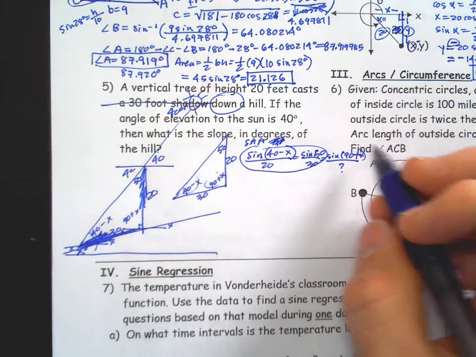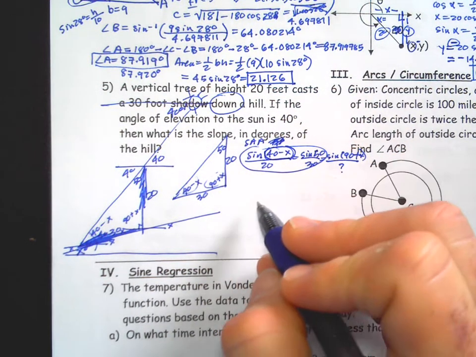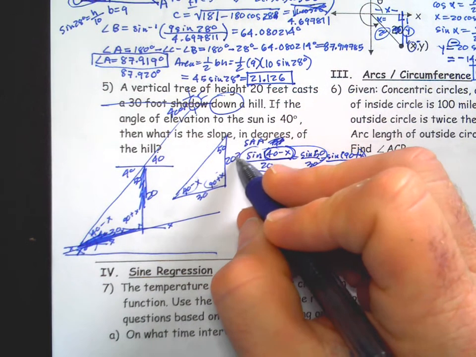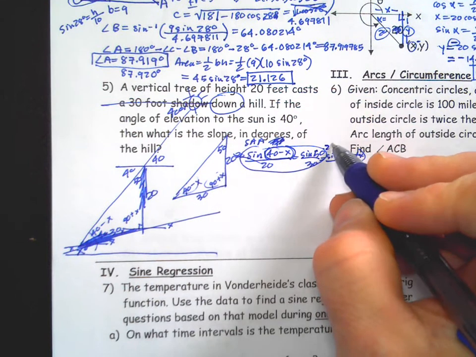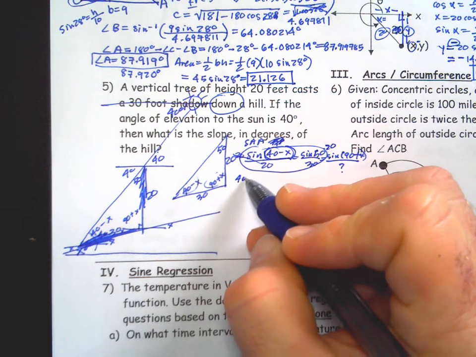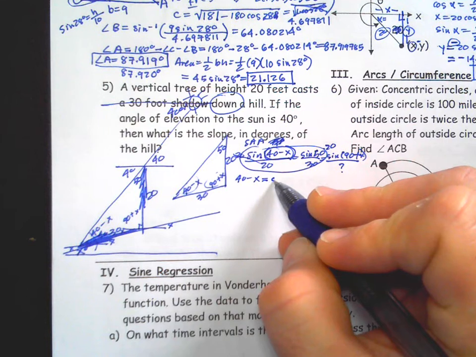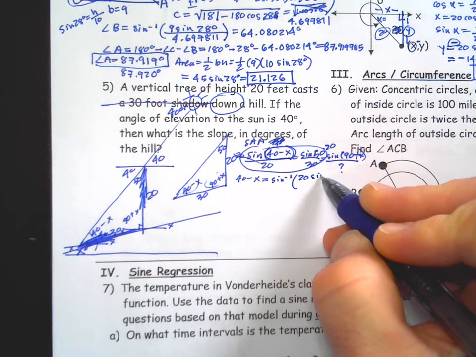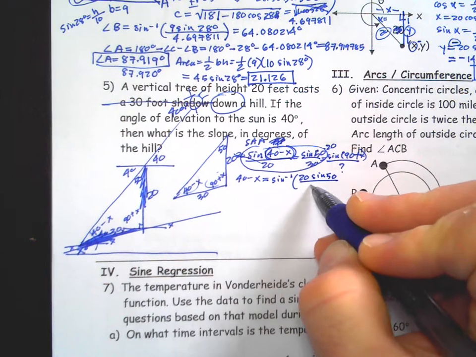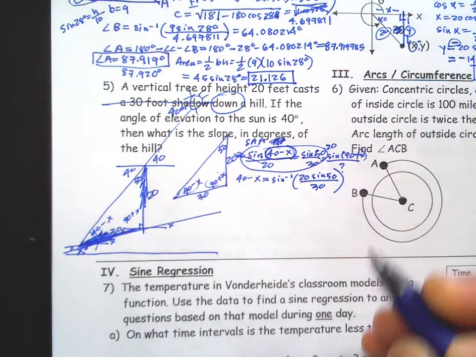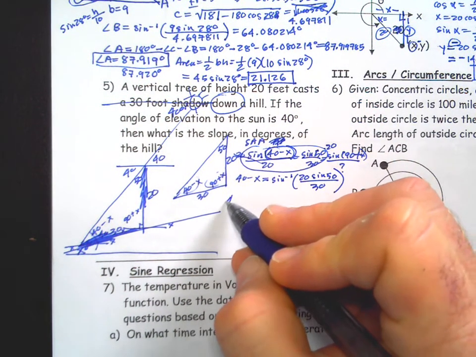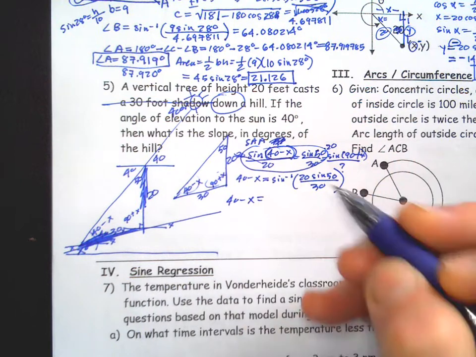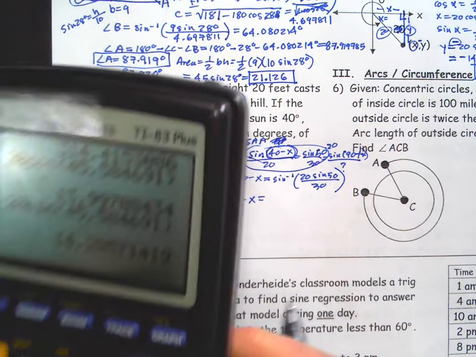So we're going to solve for the angle first. So we're going to multiply by 20, right? And then we're going to take inverse sine. So 40 minus x equals inverse sine of 20 sine 50 over 30. Okay? And so I guess we could go ahead and get a decimal for that.